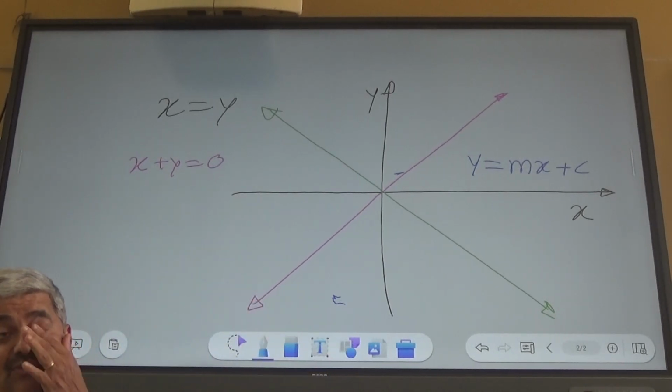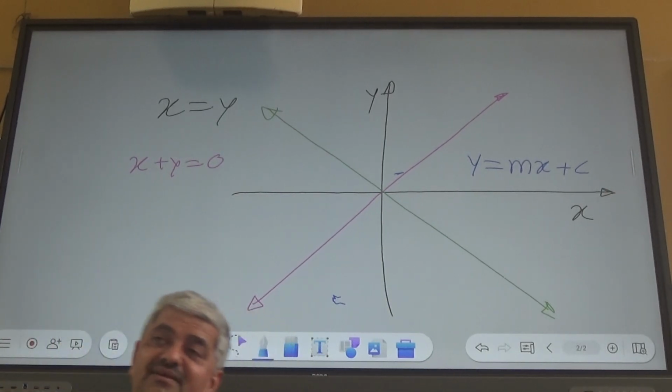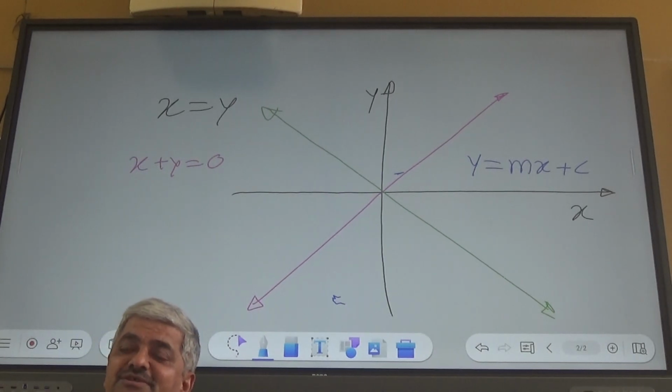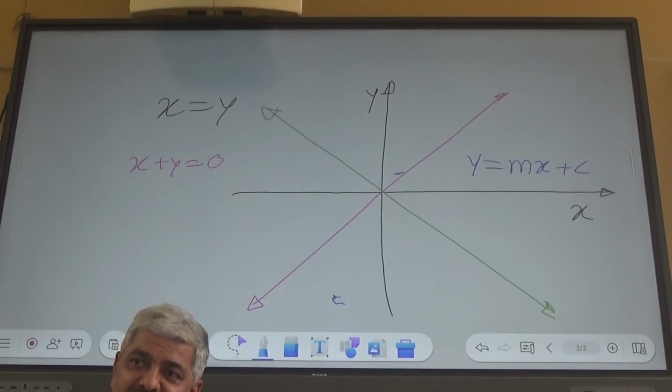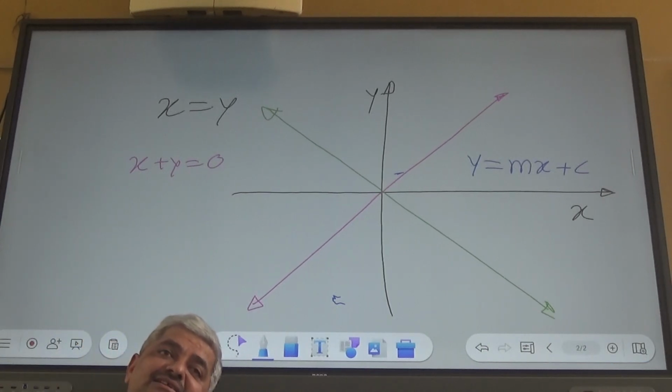Then when will it be the equation of a line? What is a line? A line is the intersection of two non-parallel planes. So that violet line, can you say, is the intersection of which two planes?